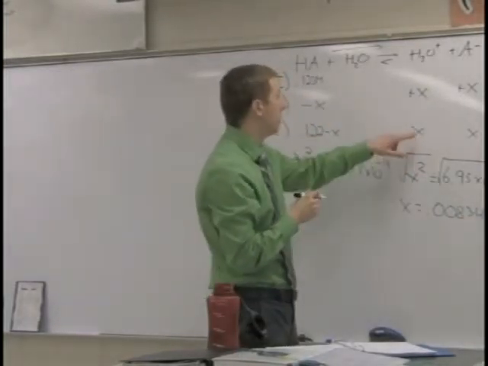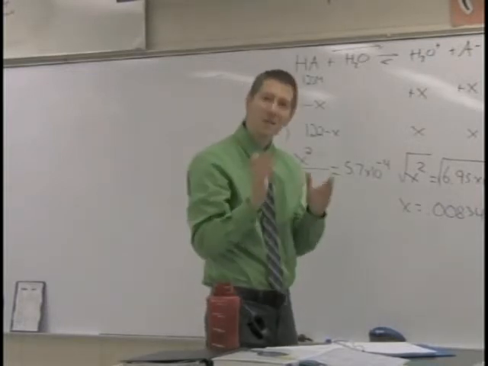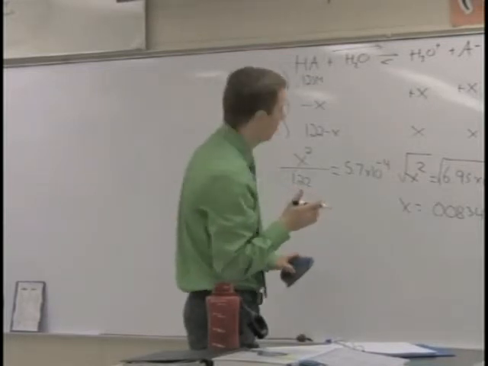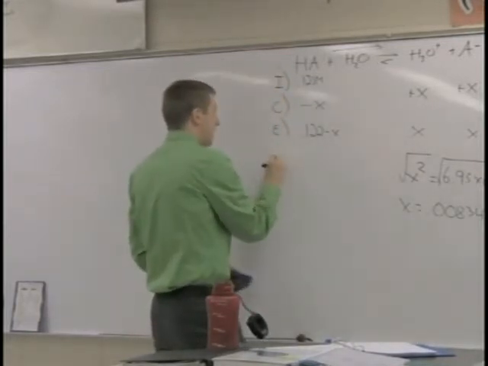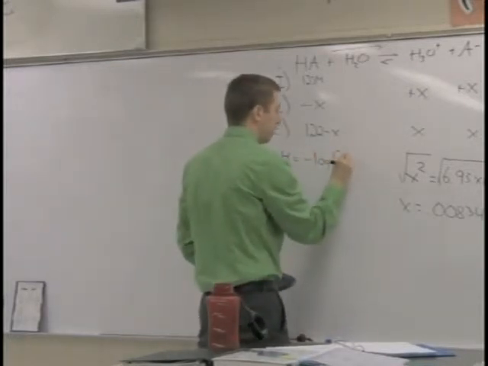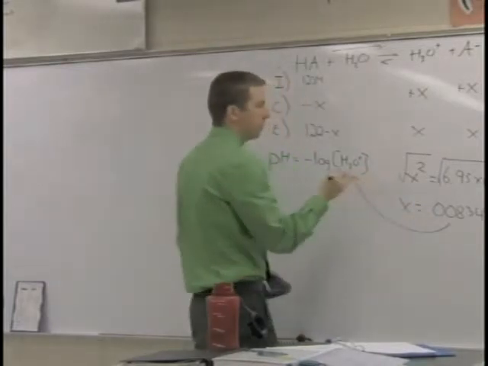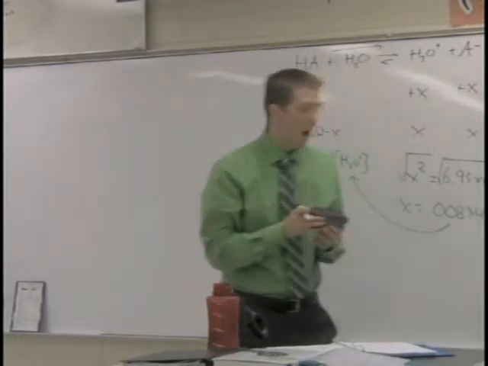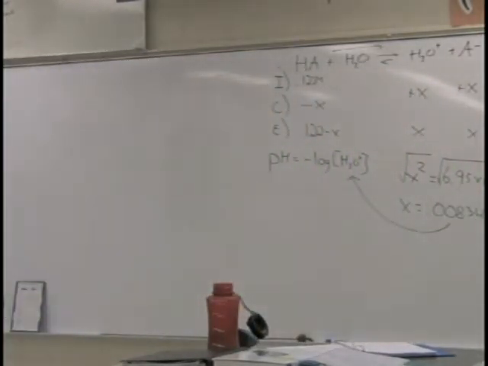We have figured out the hydronium concentration at equilibrium. We are not done with the problem yet, because there's one last step that we have to do. We now have to take pH equals the negative log of the hydronium. So if I plug in 0.00834 into that, I would get 2.09 as my pH.